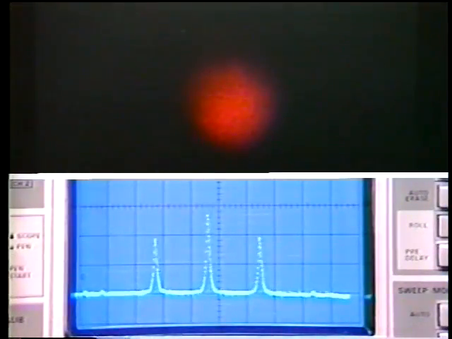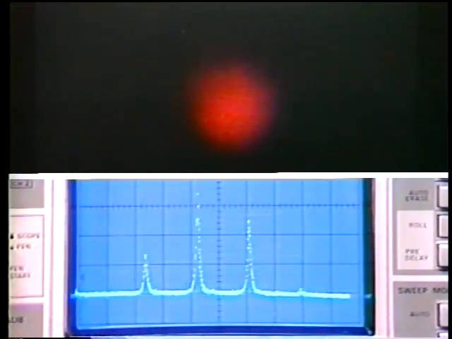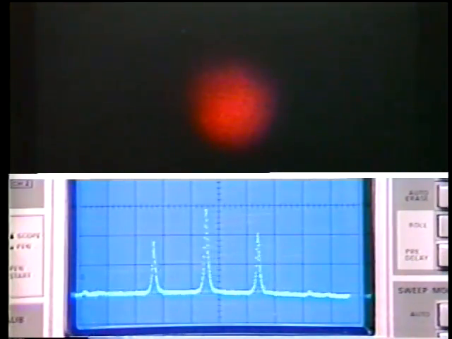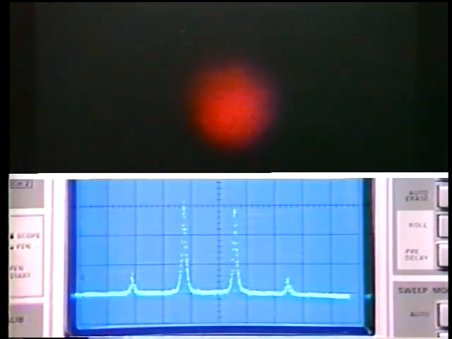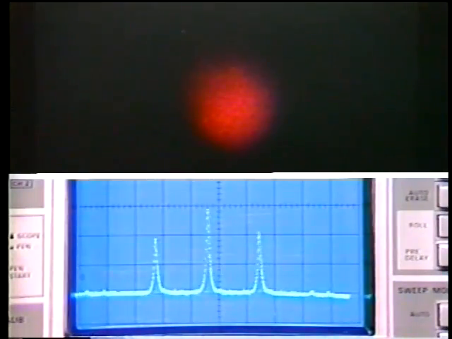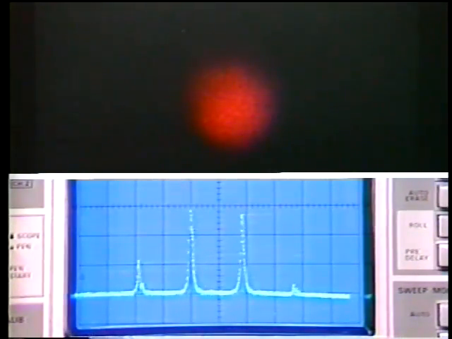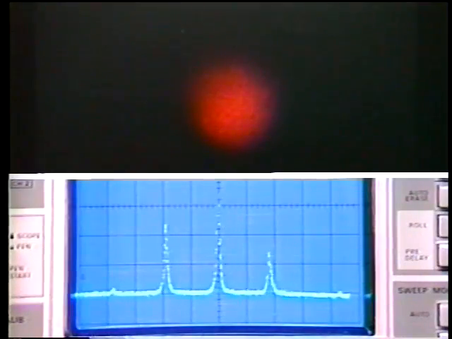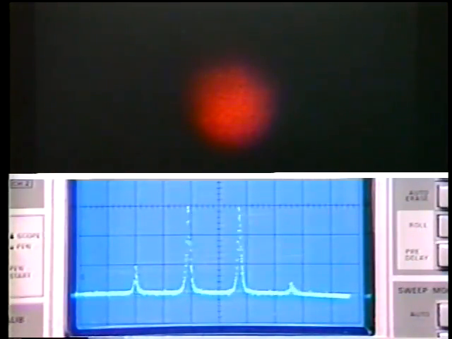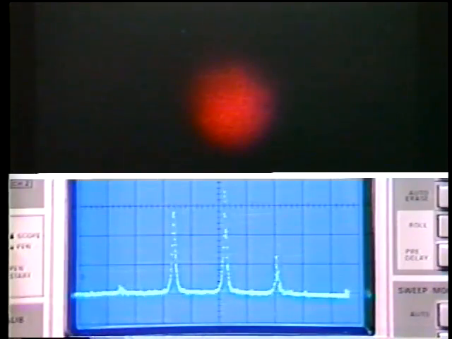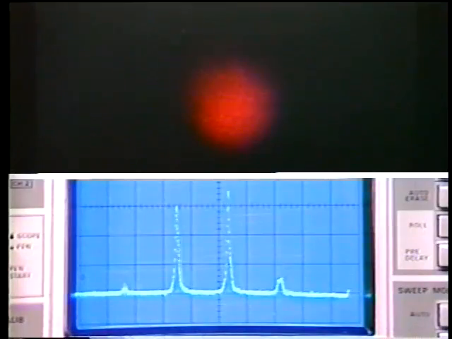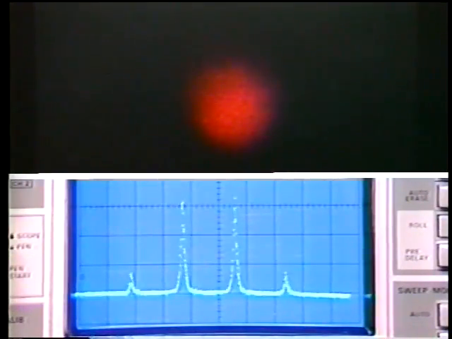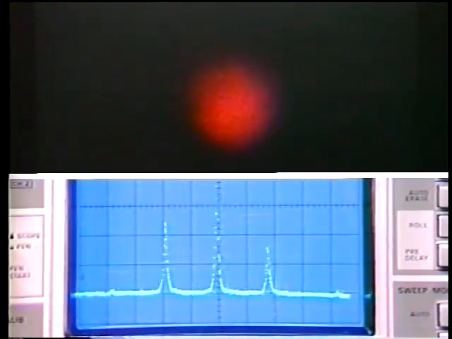Now here on the screen, we see on top the transverse intensity distribution of the laser, and below we see the corresponding spectrum. What I've done here is I've stopped down the aperture so that we only have the lowest order mode, the 0-0 mode, oscillating. And on the scope, we see 3 or 4 modes due to the longitudinal modes oscillating in the laser.